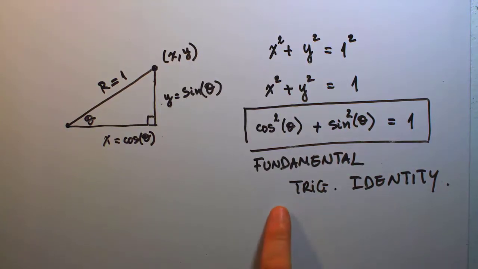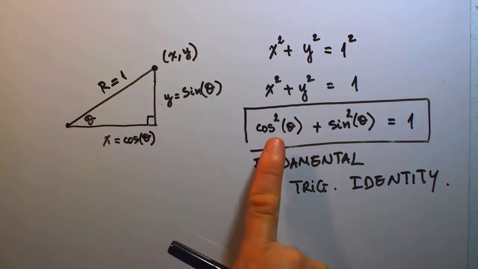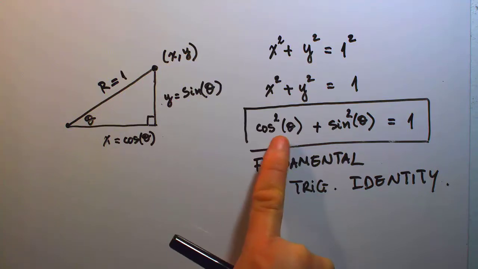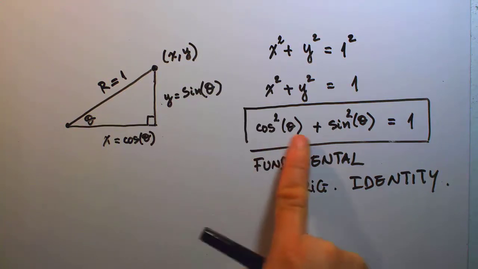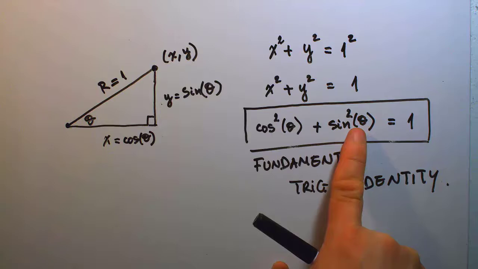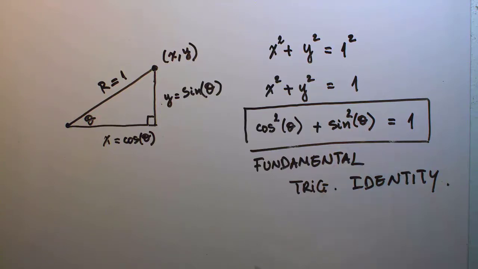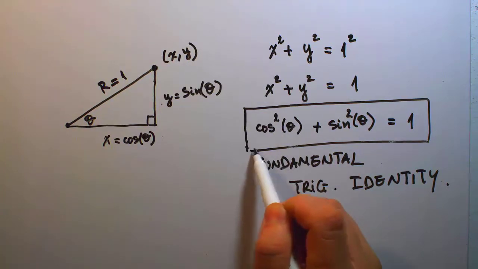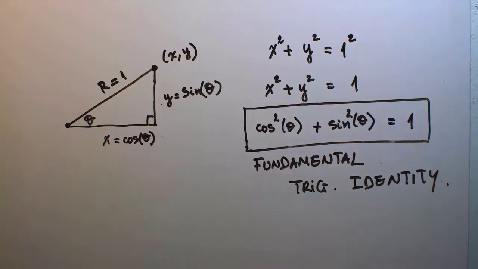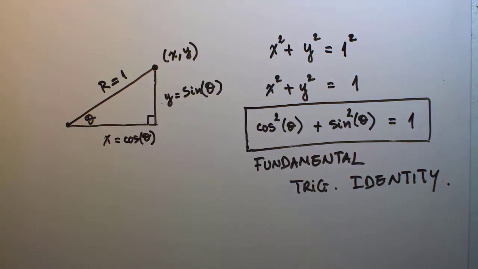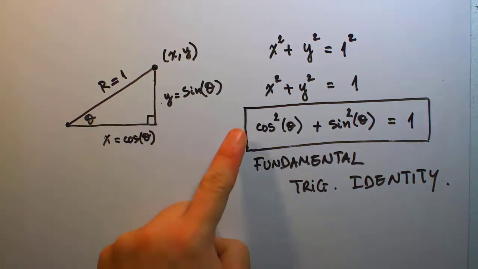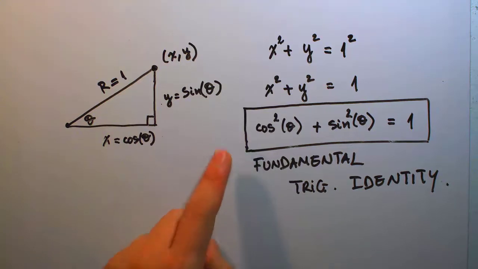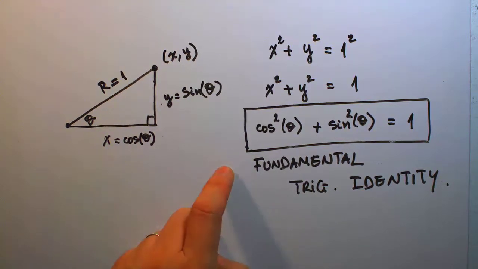And this identity, I have proven immediately right out from the unit circle without substituting any value for theta into the equation. So for that reason, anybody who has gone through the course of trigonometry will have to know this identity over here. So I call it the fundamental trig identity.